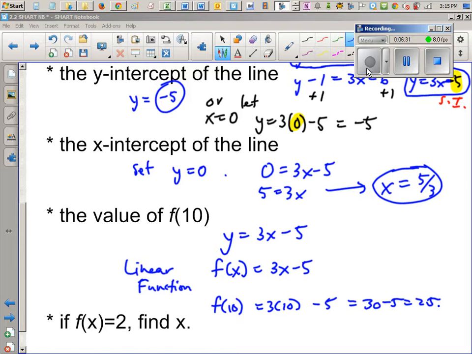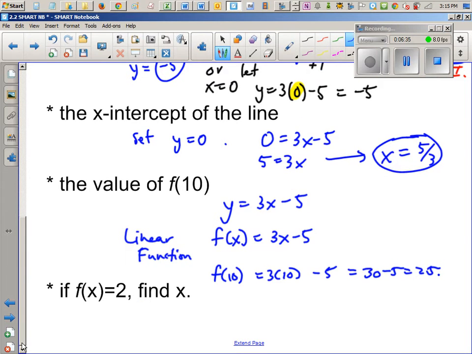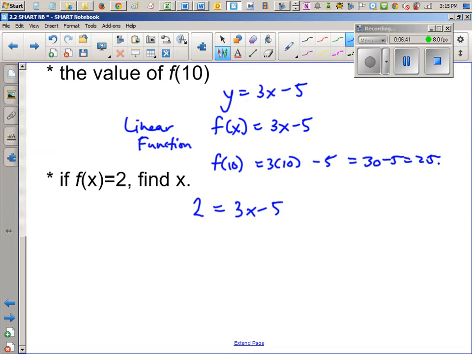So it's actually kind of a reverse sort of thing. So I'm going to let the left side be 2. The right side is still 3x minus 5. And we're going to isolate x this time. So we're going to add the 5 over, and we get x equals 7/3. All right, and there you have it.